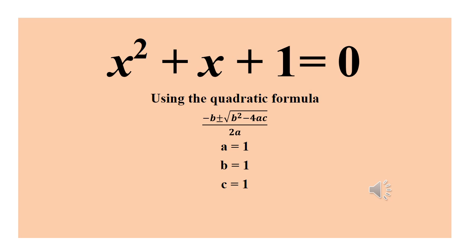Now a is the coefficient of x squared, and the coefficient of x squared is plus 1. B is the coefficient of x, and the coefficient of x there also is plus 1. And c is the constant, and the constant there also is plus 1. So we have a equals 1, b equals 1, c equals 1.